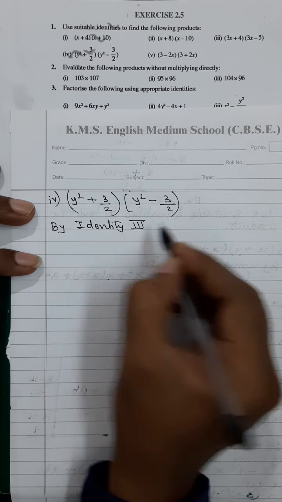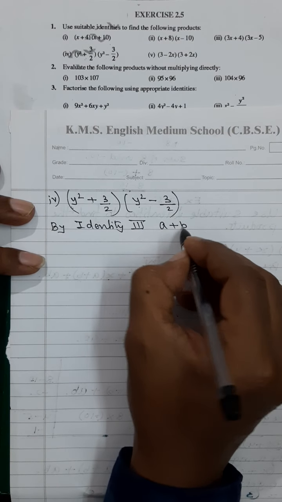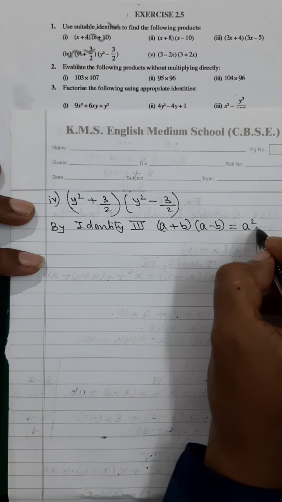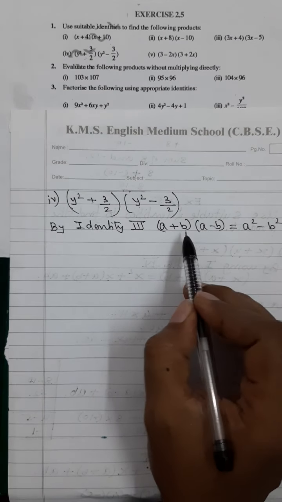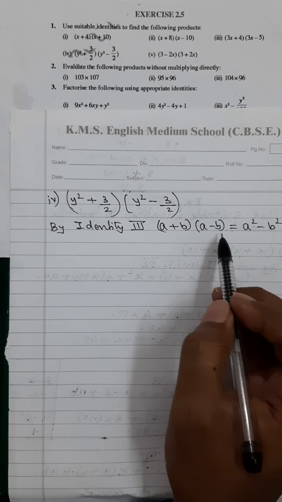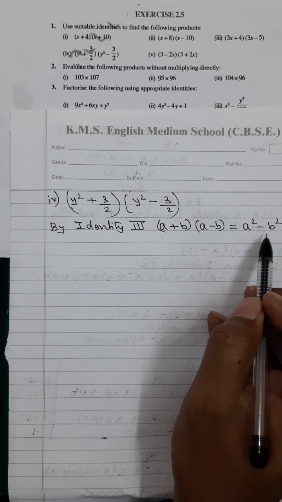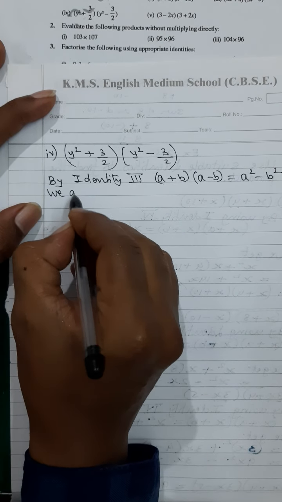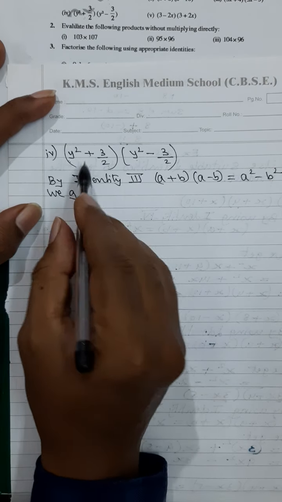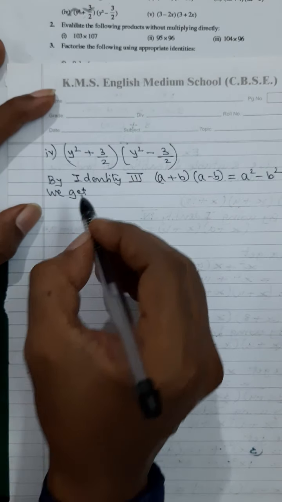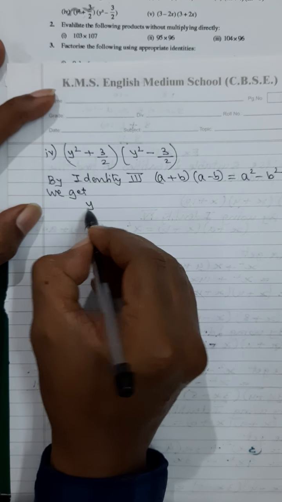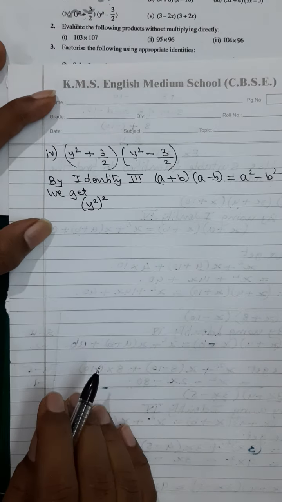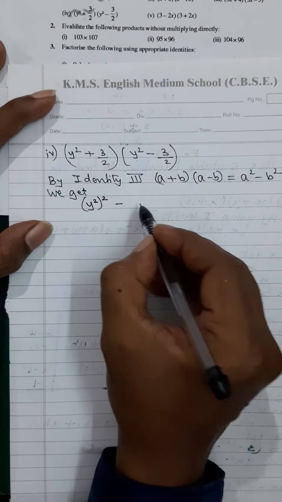identity 3, which says a plus b into a minus b is equal to a square minus b square. First term plus second term, first term minus second term is equal to square of first term minus square of second term. So here we get what? Square of first term. What is the first term? Y square is the first term, and square of this, minus square of second term.